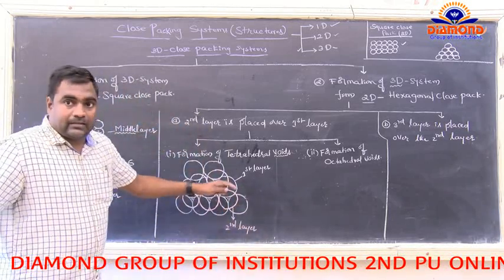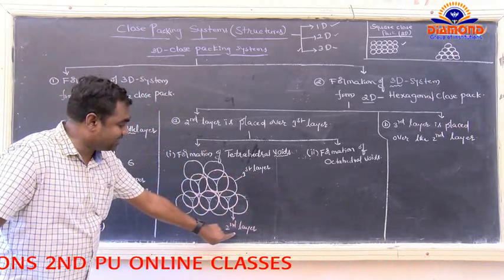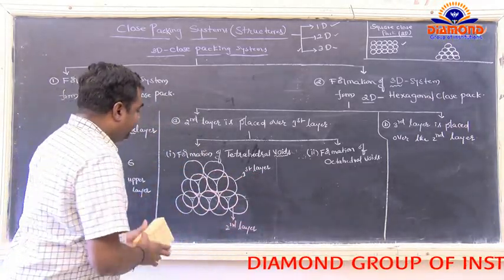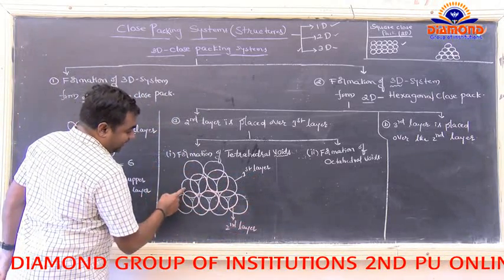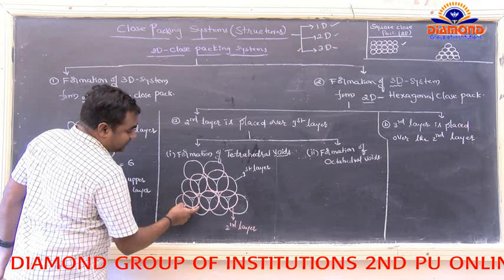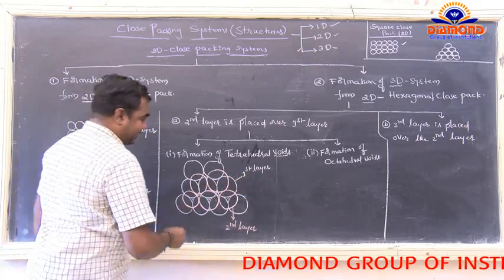Here is the first layer, here is the second layer. Now you have to choose 3 atoms from the first layer and 1 atom from the second layer.